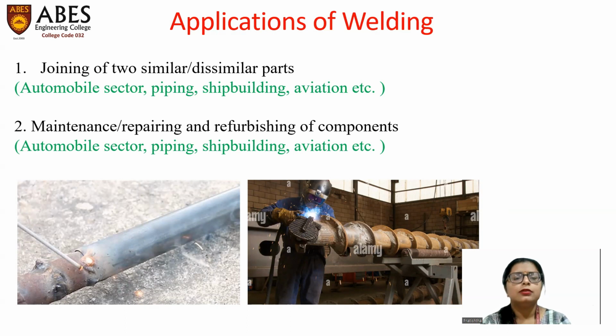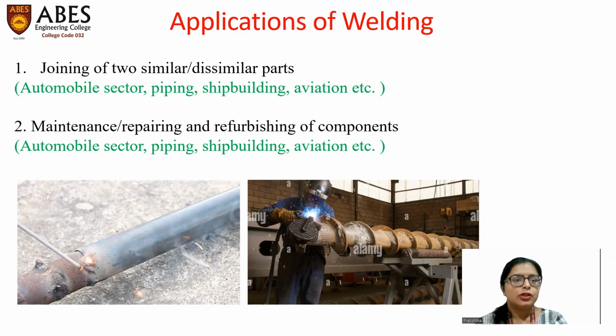Why is there a need to join the parts? Why can we not make the whole component in a single go? I'll give you an example of an IC engine, which has various parts like cylinder, piston, crankshaft, crank rod, etc. These parts require different characteristics or properties, so they are designed and fabricated separately.